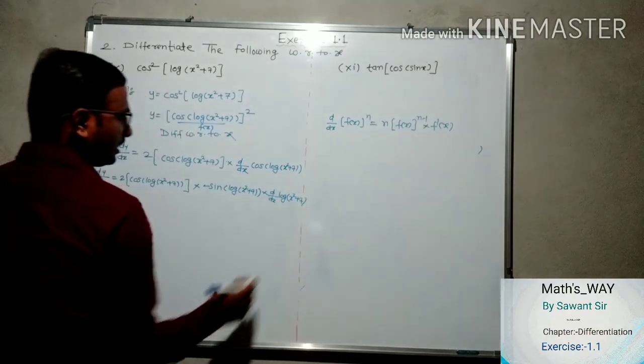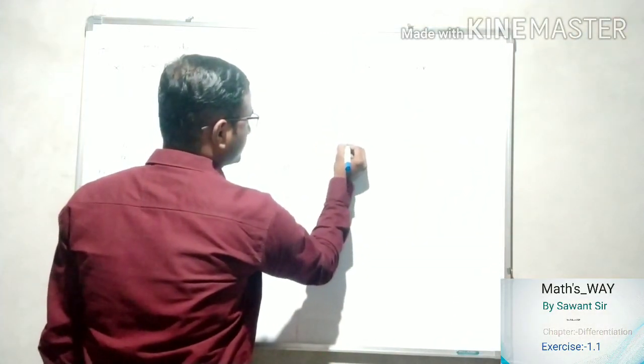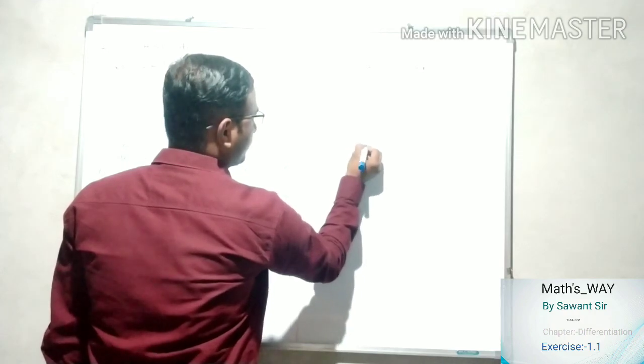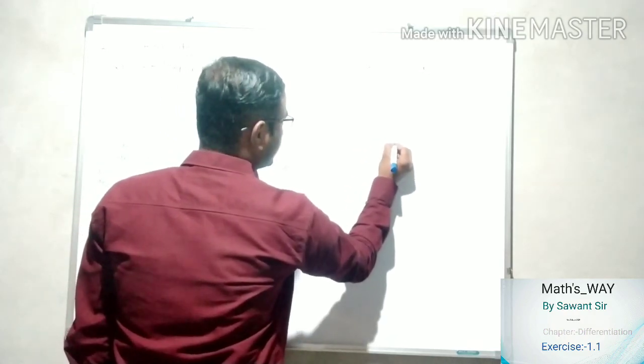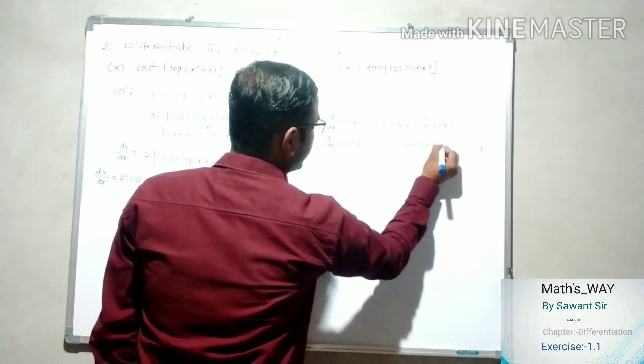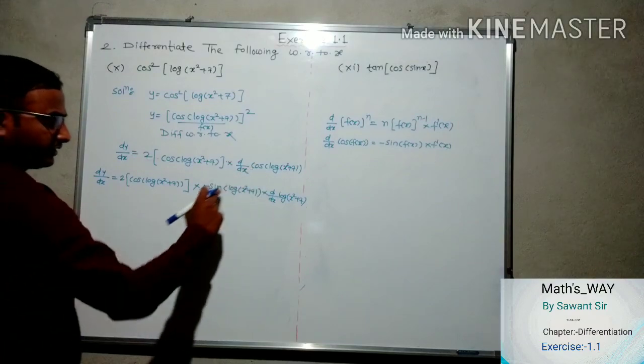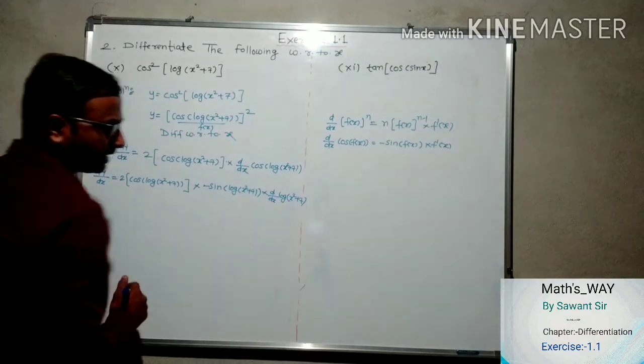Okay, by using the formula, the derivative of cos f of x is minus sin f of x into f dash of x.